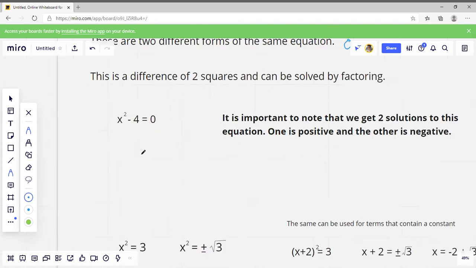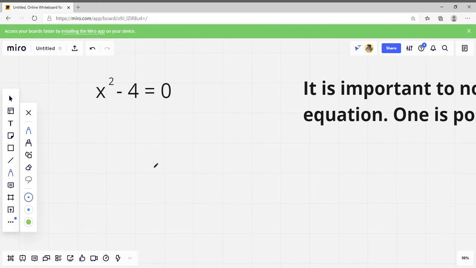It can be solved by factoring. So remember when we factored these, we could draw two parentheses, and the square root of x squared is x on both of these, and then the square root of 4 is 2, and we would have minus 2 and plus 2, and that equals 0.